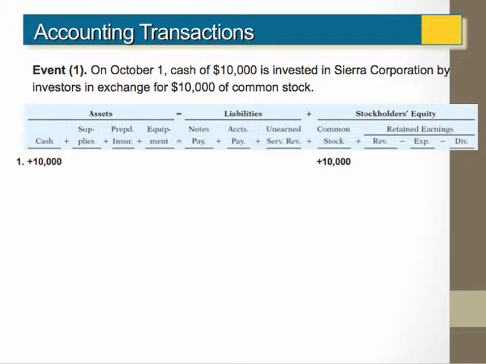Since we received $10,000 in cash, cash is going to increase. So note under the cash column an increase of $10,000. In exchange, on the other side of the equal sign, common stock is going to increase by $10,000 because we want to recognize how much money the investor had invested in the company.